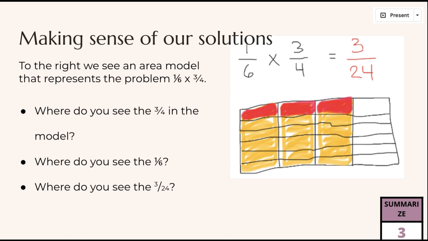And where do you see the 3/24 here? That's right. If you said the squares where the yellow and the red overlap, that gives us our numerator of 3. And then 24 is the number of parts we created in the whole area of that rectangle.